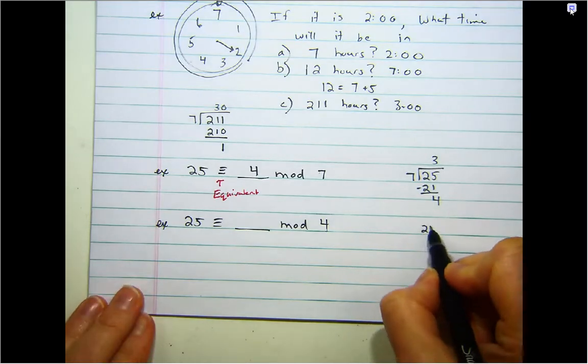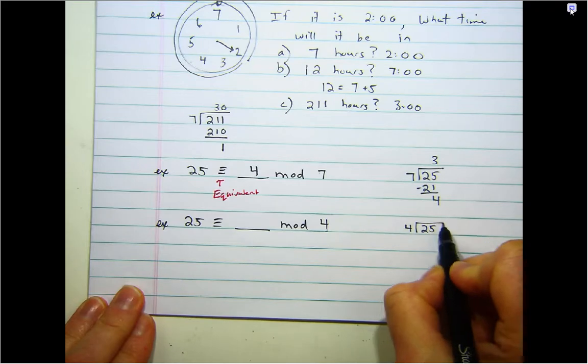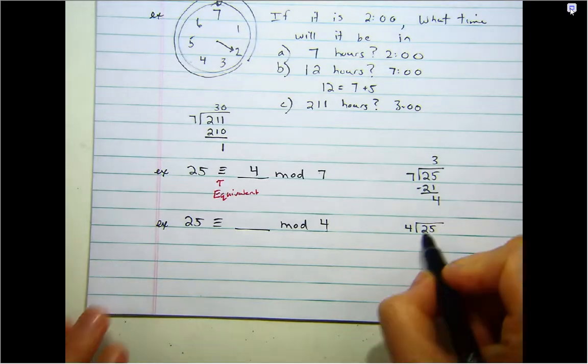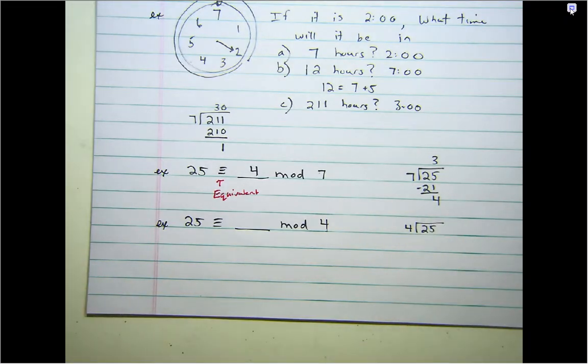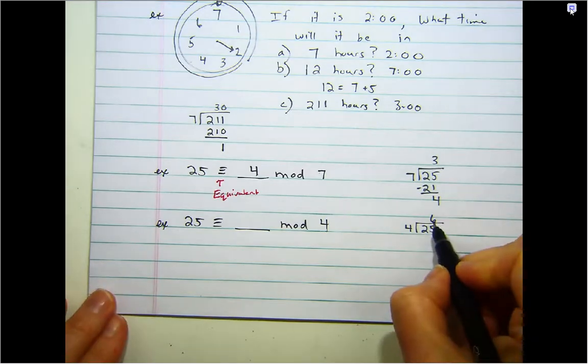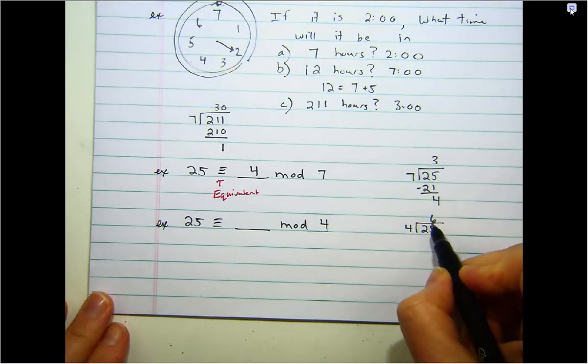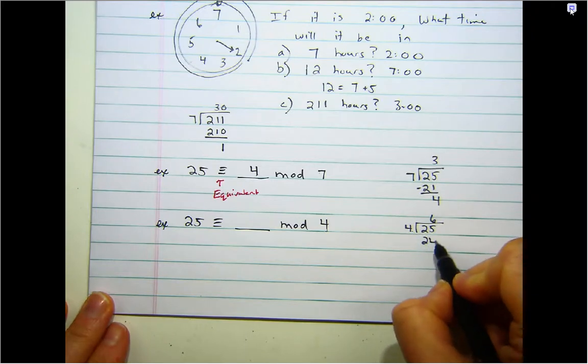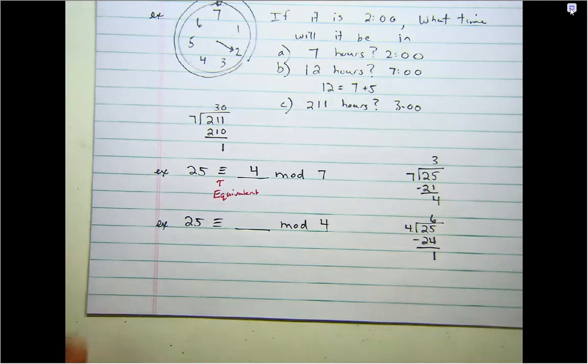So take the 25, divide it by 4, get 6, what do you get, 6 point what? 6.25. So we can take out 6 multiples of 4. And when we take out 6 multiples of 4, we're taking out 6 times 4, or 24. And that leaves 1. So 25 is equivalent to 1 mod 4.